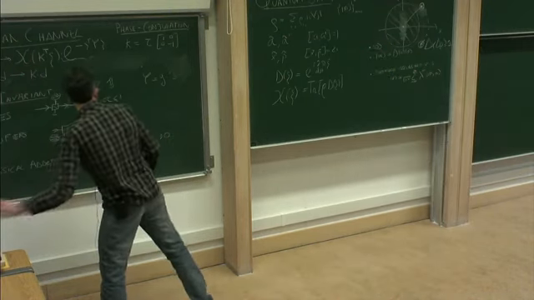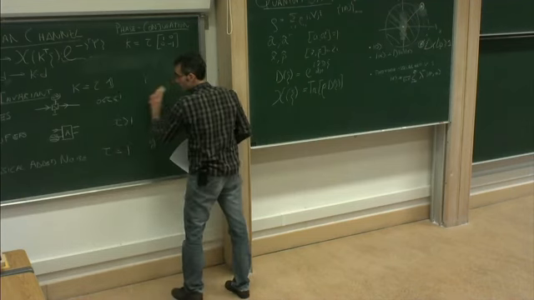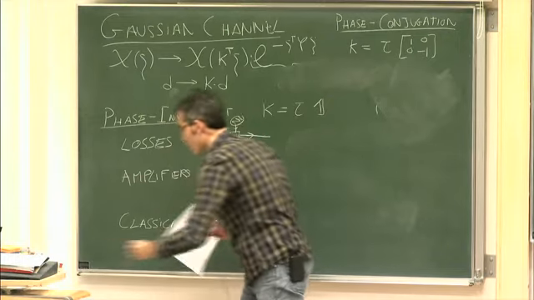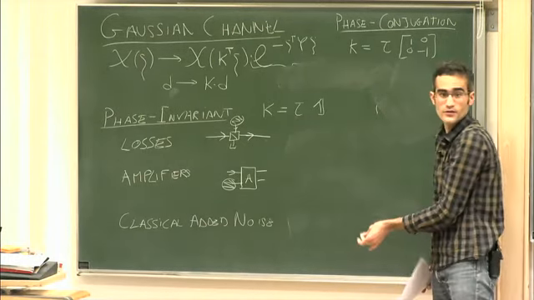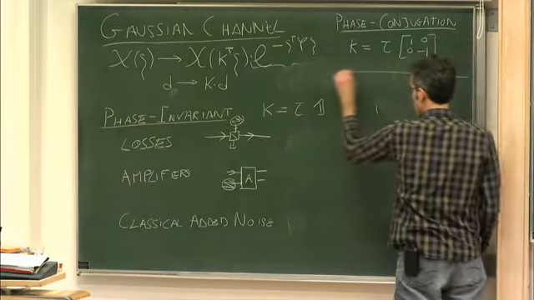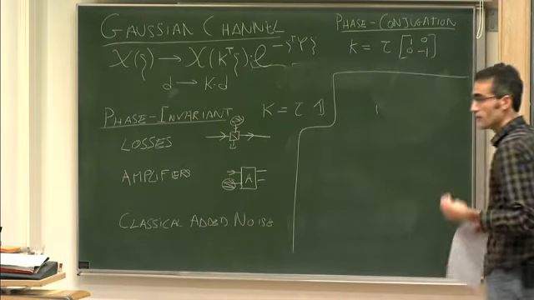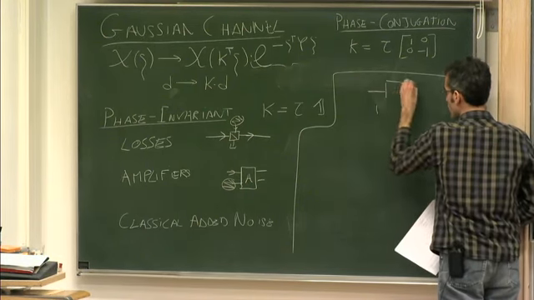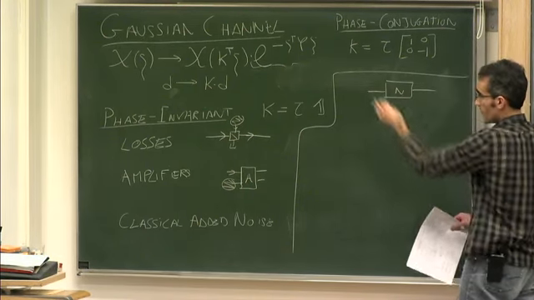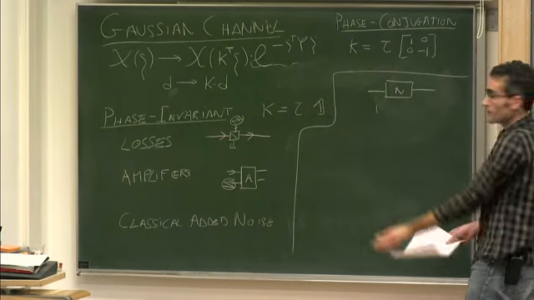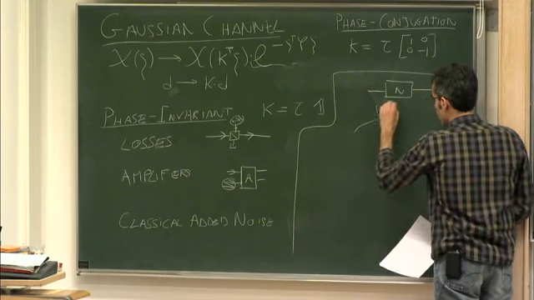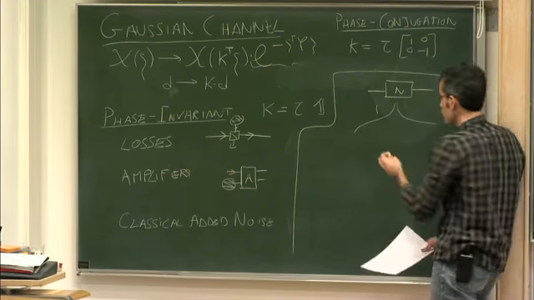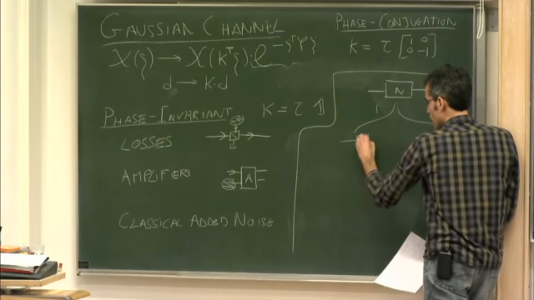And something that is important and is used a lot in the proof is that all this family that I presented now can be decomposed. It can be represented in the following way. So instead of having your channel like this, and picking the one you want, you can find an equivalent way of representing your channel through a beam splitter first.